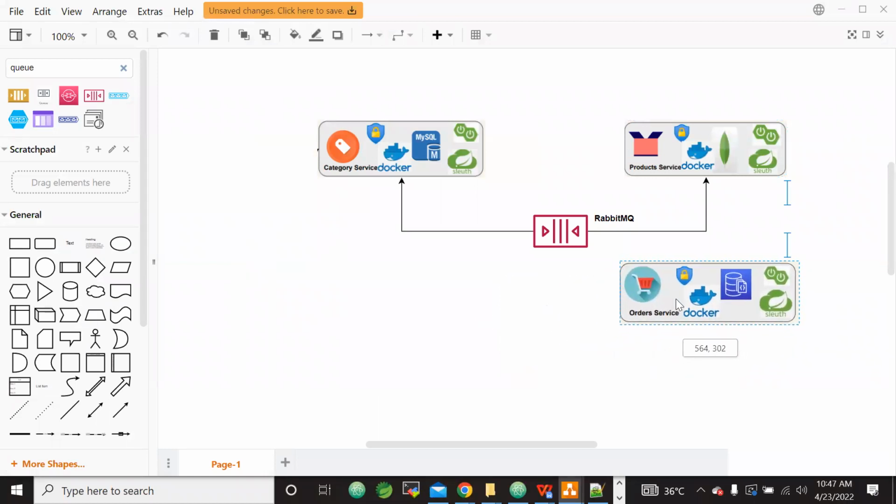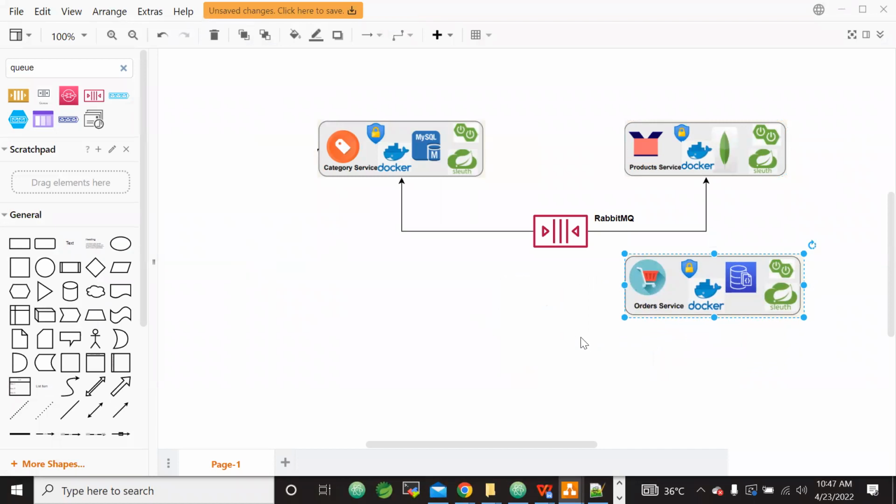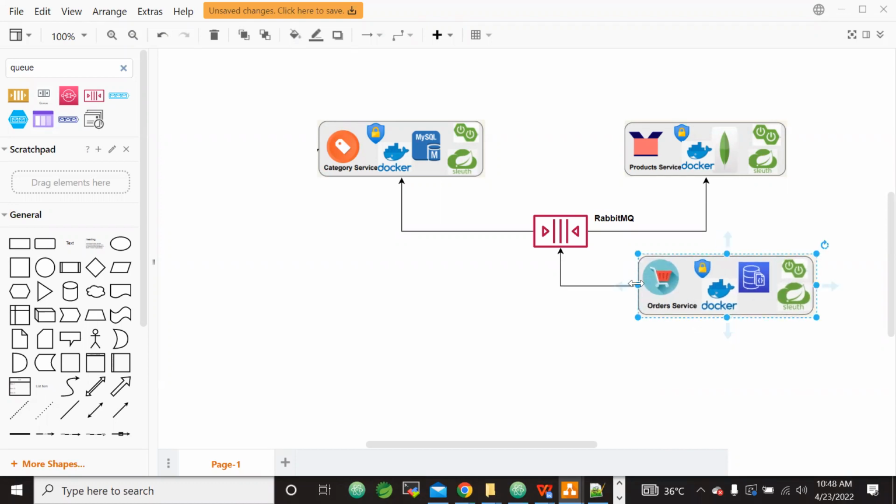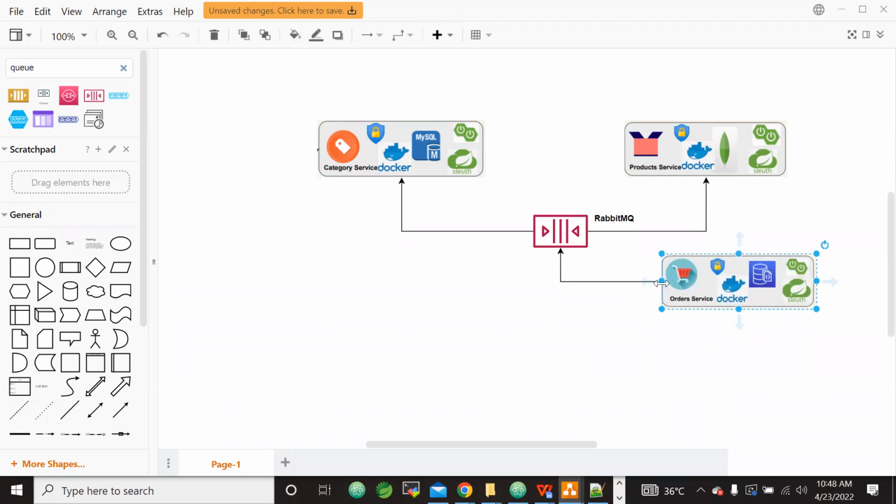Meaning I want to place items under the category of appliances, or under the category of clothes. I can also take the updates from the category service, because based on category I will update the order service, meaning some discounts need to be applied. So and so order for so and so appliances category, some discounts I need to apply. Assume just a general use case I'm talking about.